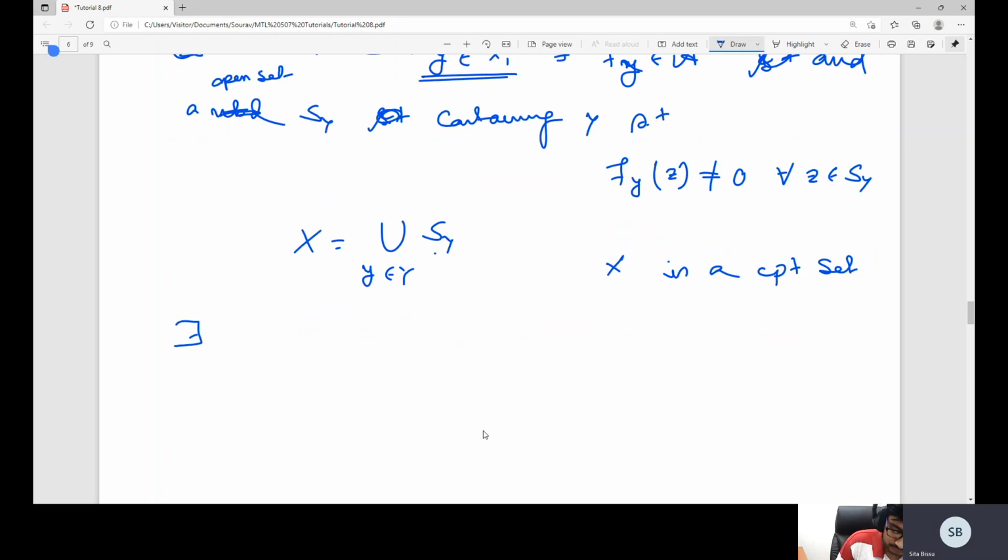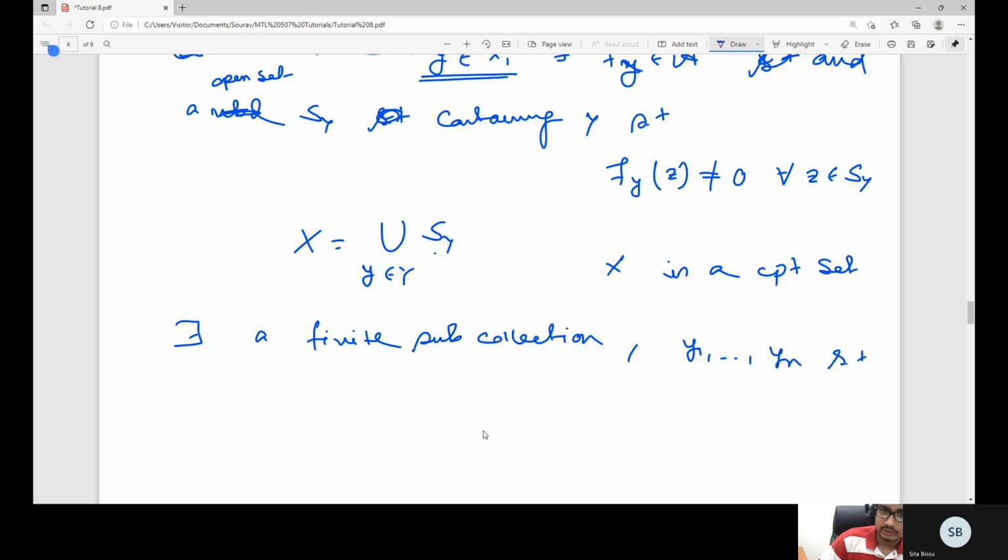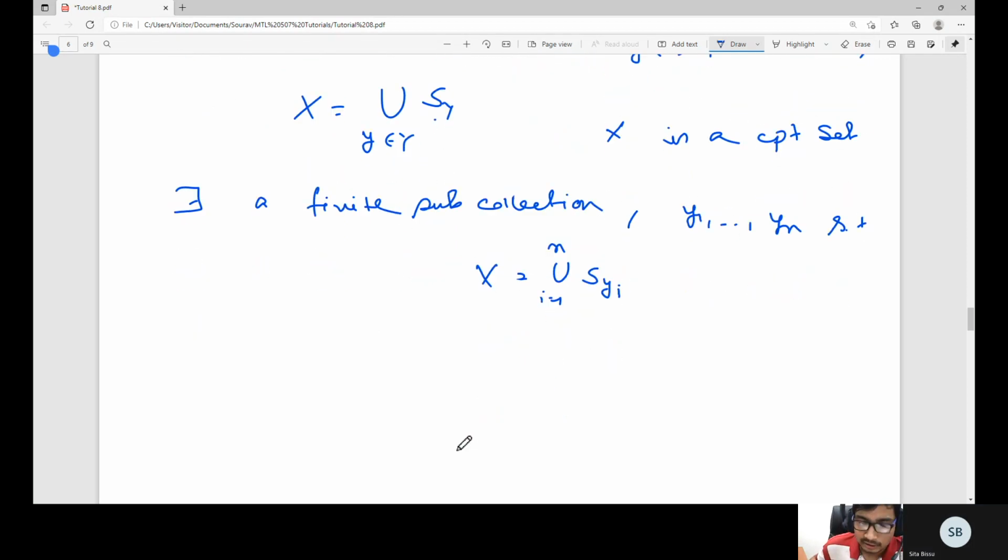There exists a finite subcover, a finite subcollection, say y1 up to yn, such that X is equal to the union of S_yi for i equal to 1 to n, right?